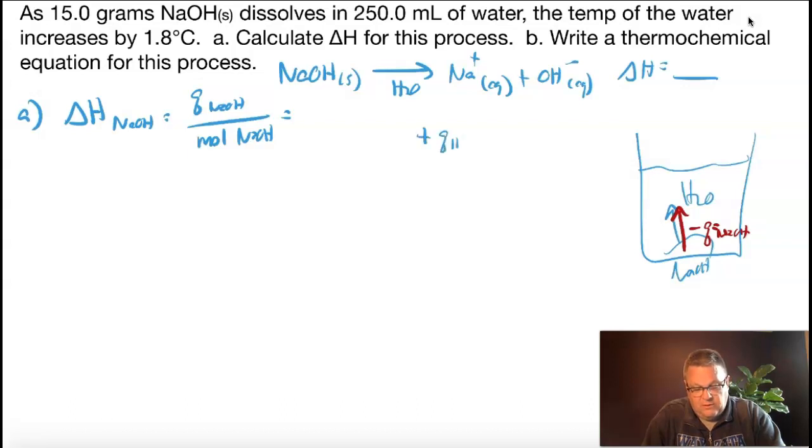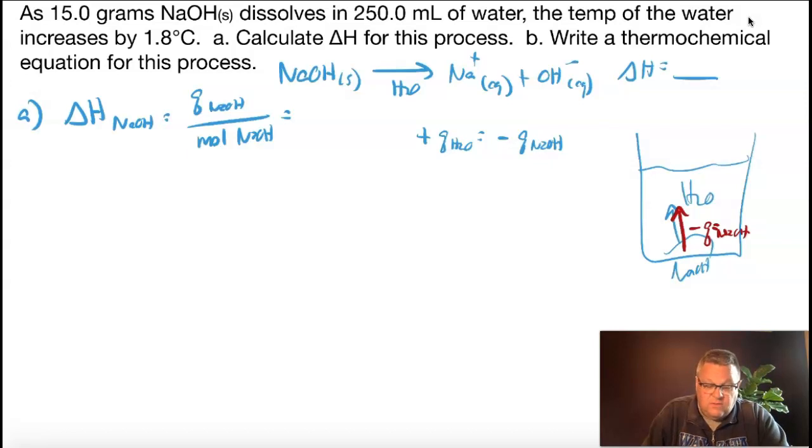Positive Q water is equal to negative Q NaOH. Okay? And that is the amount of energy absorbed by the water is going to be equal to the amount of energy released by the NaOH as it dissolves.